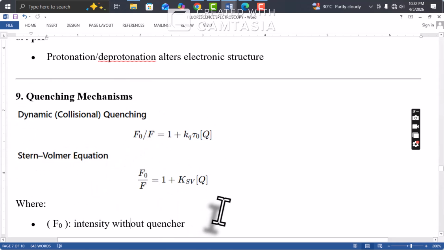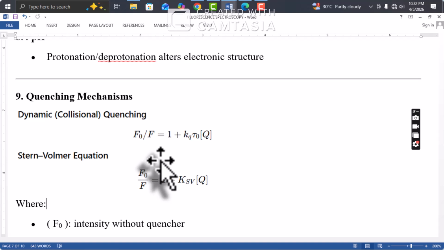Familiarize yourself with this equation because we'll be making use of it in my next class, where we'll talk about how to use fluorescence for detection, and then we'll look at limit of detection, LOD.